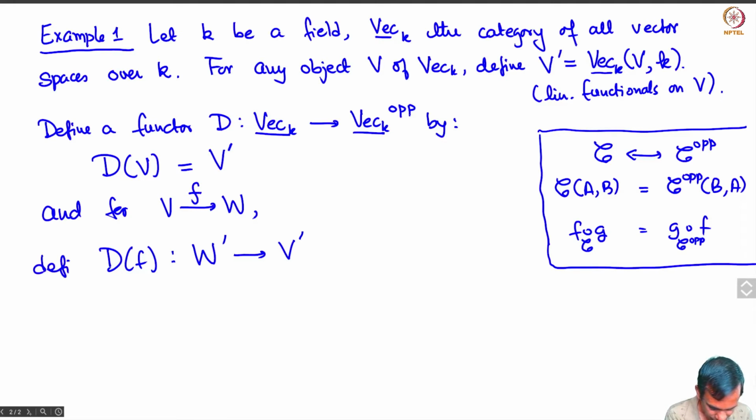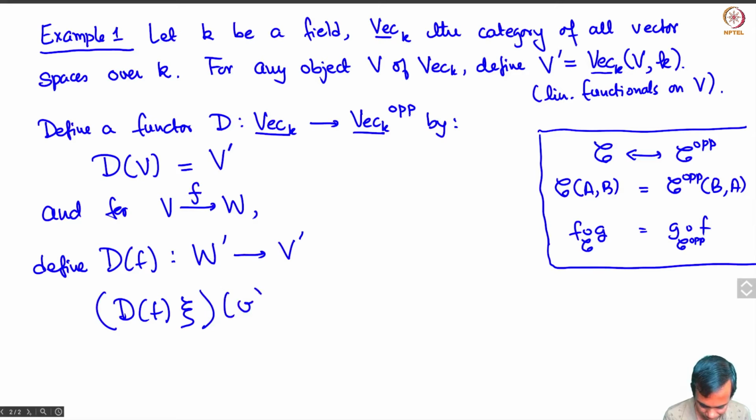So we'll define this by the following equation, Df. So now it should take a linear functional in W. So let's say xi, where xi is a linear functional on W, and it should give me a linear functional on V. And there's only one way to put these three symbols f, xi and v together, and it is to say xi(f(v)).